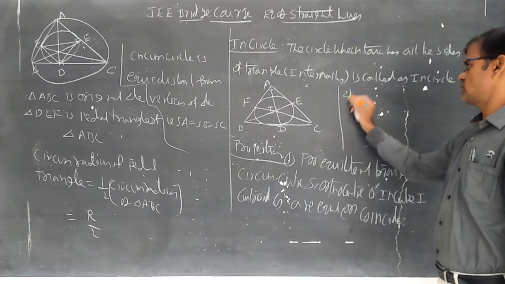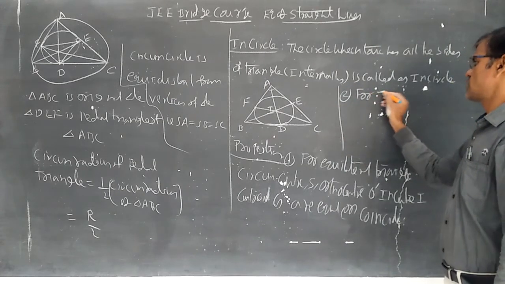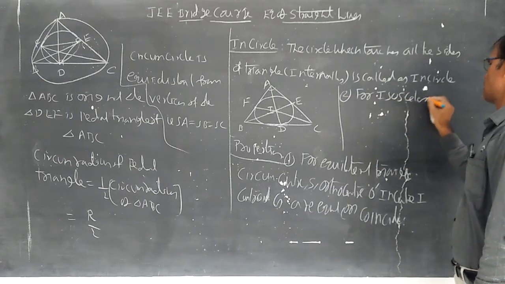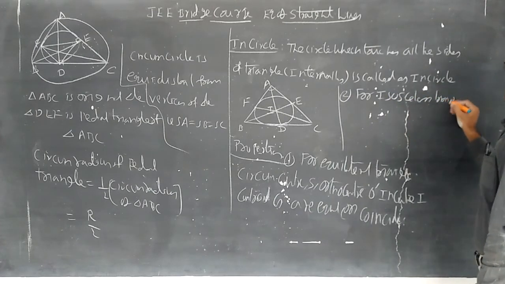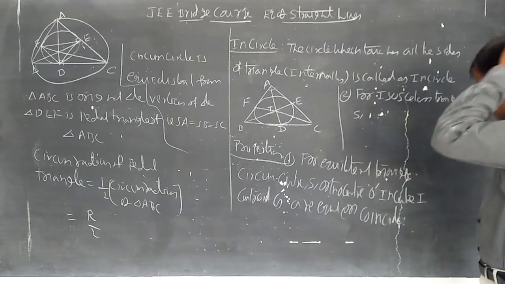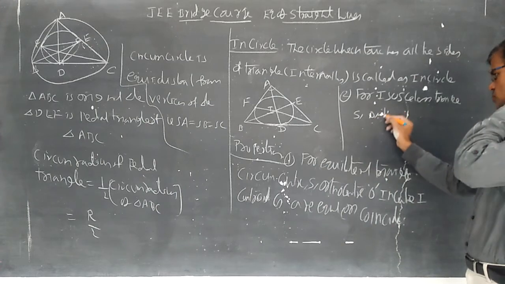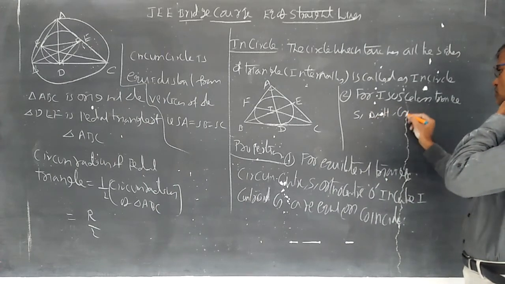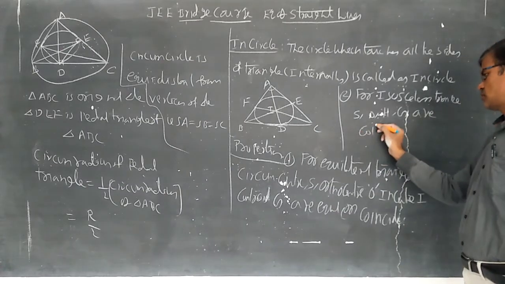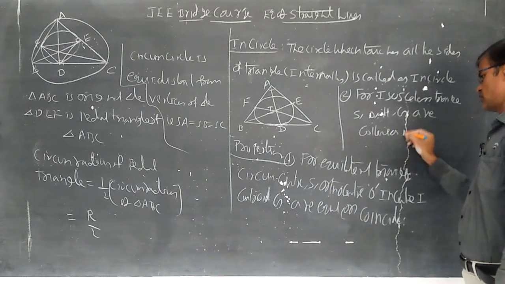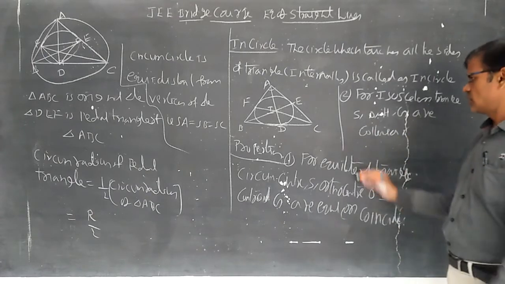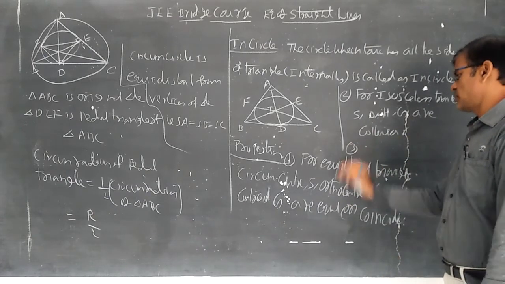Next property, for isosceles triangle. For isosceles triangle, S, O, H, G are collinear, means lie on the same line. There is no such thing for scalene triangle; everything is separate.